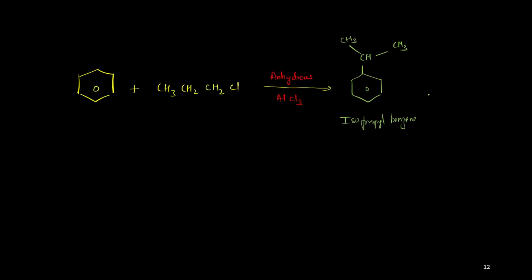It will form when you treat it with oxygen at 95 to 135 degrees Celsius. It will form the benzene ring attached with carbon, CH3, CH3, OOH. So there is an OOH.